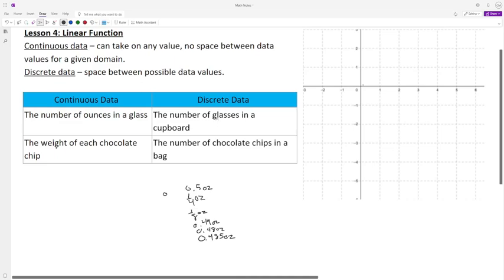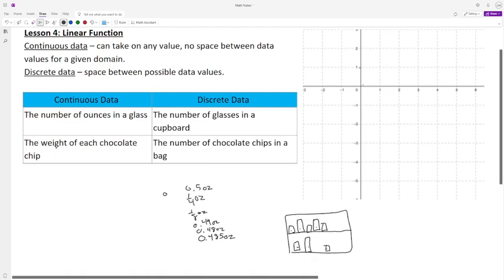For discrete data, take the number of glasses in a cupboard. If we picture a cupboard and we have items in this cupboard, maybe glasses, cups of different sizes, whatever it may be, we can count them. There's 1, 2, 3, 4, 5. Or this other cupboard might have only 3.